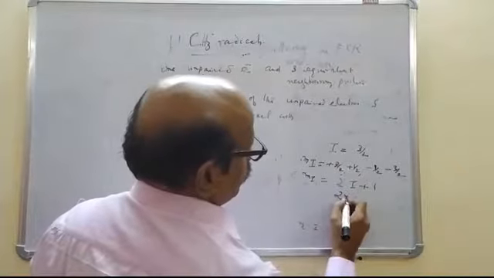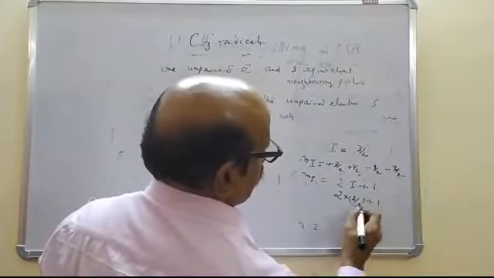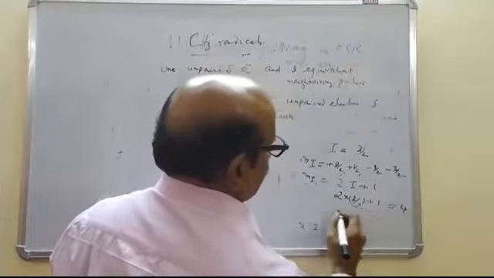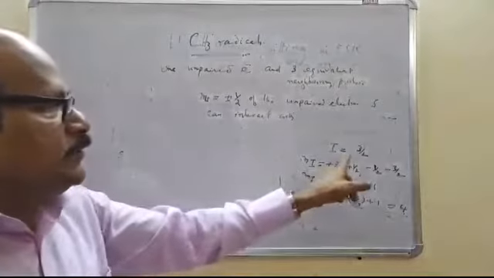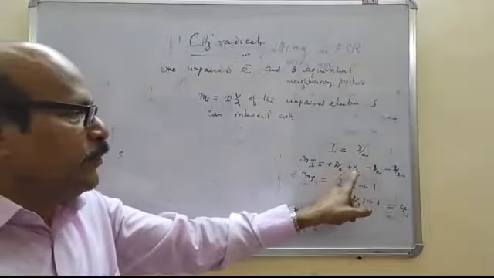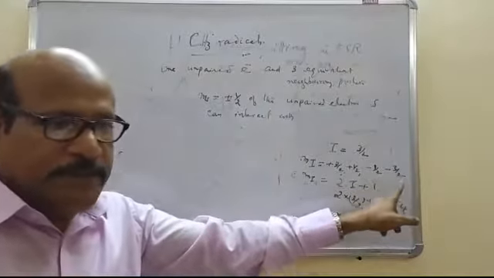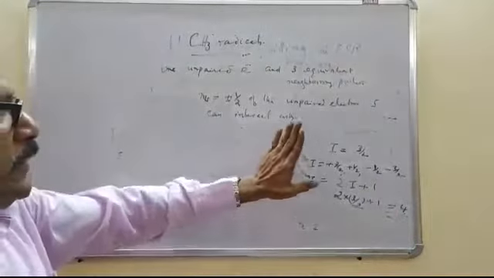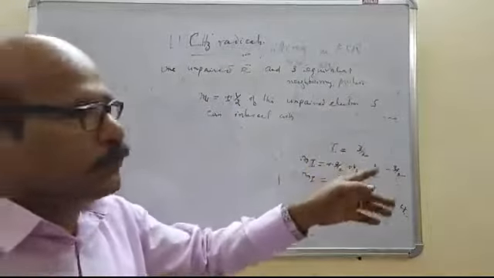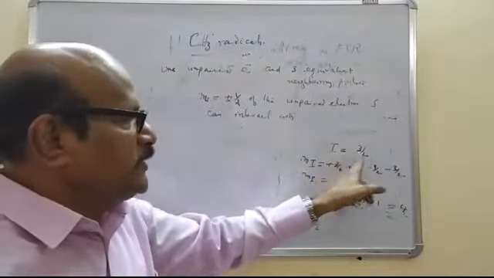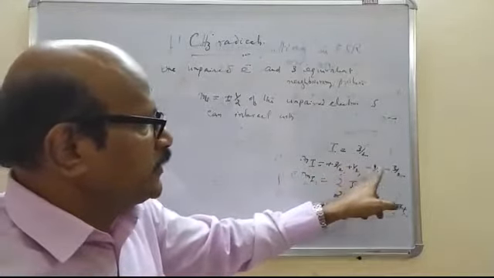So 2 into 3 by 2 plus 1 is equal to 4. So 4 mi are possible. Here, in the case of the methyl radical with 3 protons, the corresponding I is 3 by 2, and the mi possible are plus 3 by 2, plus half, minus half and minus 3 by 2.